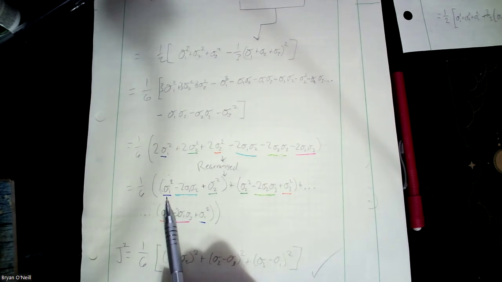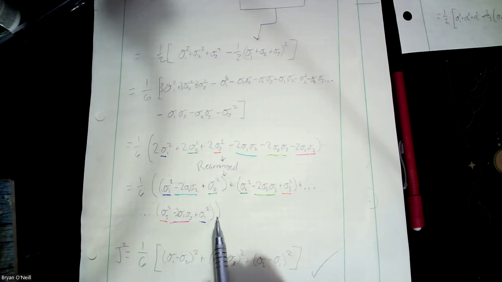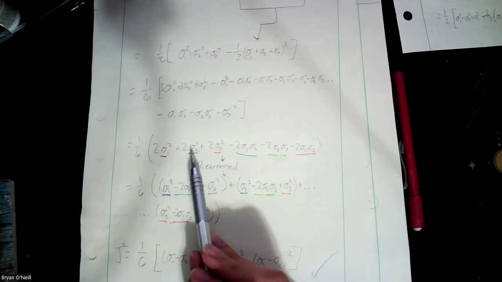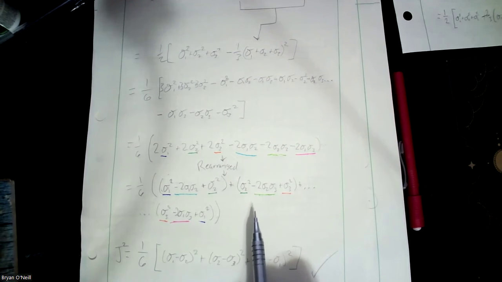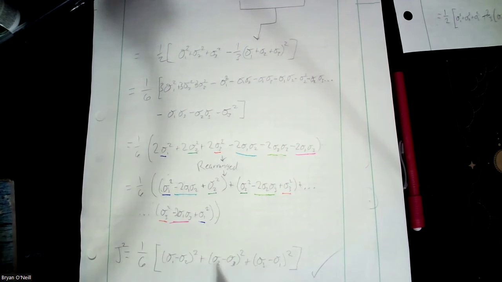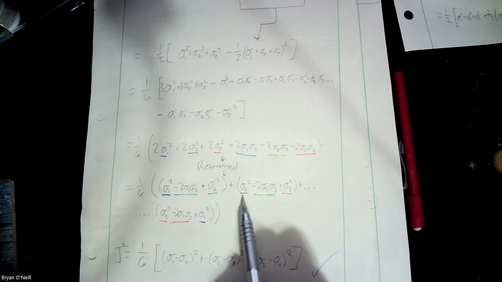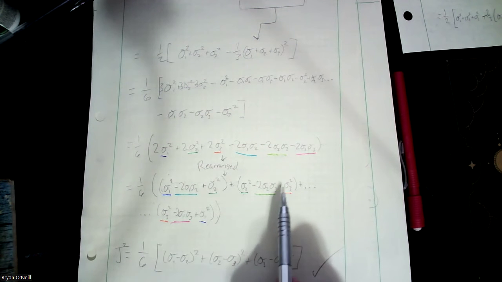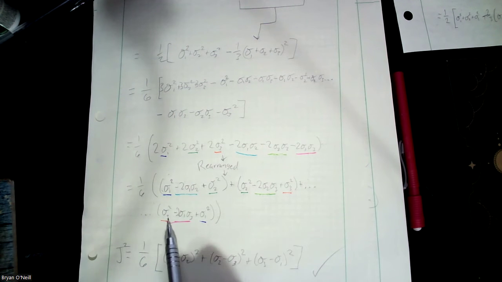You can see we have sigma 1 up here, down here twice. Then two sigma 2 squared appears again here and here. Two sigma 3 squared appears here and there. So I'm just breaking these sigmas apart.